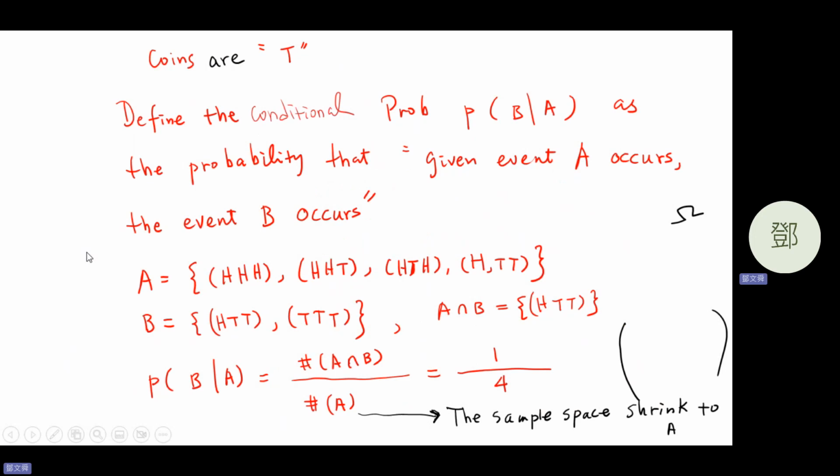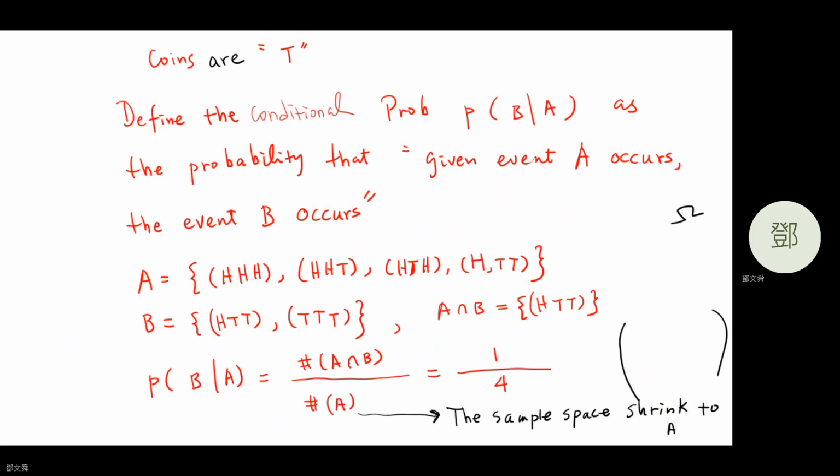Today we are going to look at the definition of conditional probability: the probability of an event occurring under some condition. The probability that B occurs, given that the event A already occurs. This is the conditional probability.